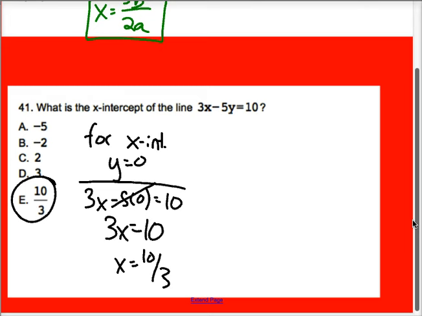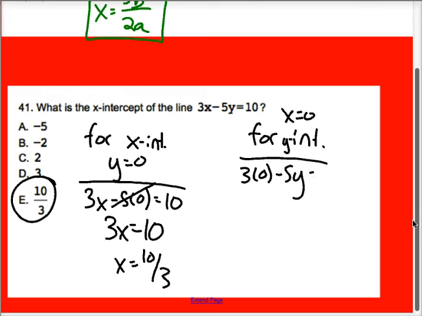Now, this particular one is asking for x-intercept, but what if it was asking for y? For the y-intercept, the x would be 0. So just to show you both ways it could be asked on the ACT, they equally ask either one. So the y-intercept would be -2.